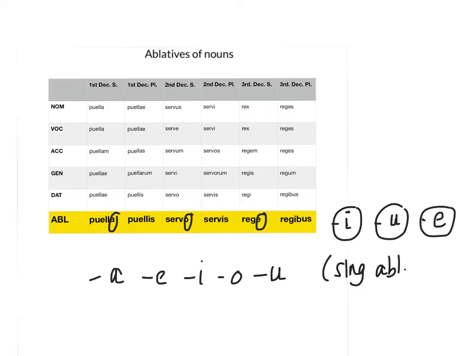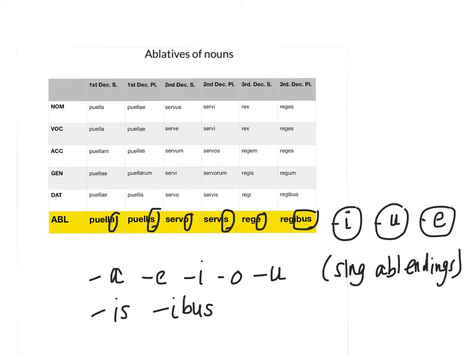What about the plural? Well, the plural always ends in the letter s. So we see here avis, servis, regibus. In fact, there are two endings which are most frequent. There is the is, which we see there, and the ending ibus. So is and ibus are most frequently found.